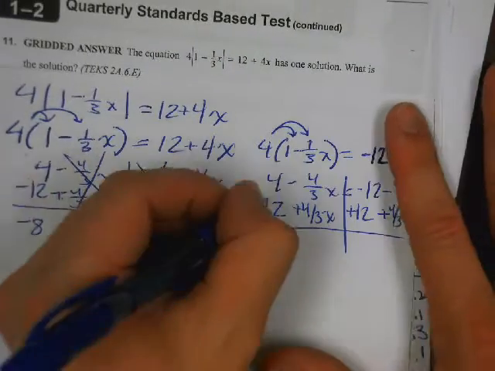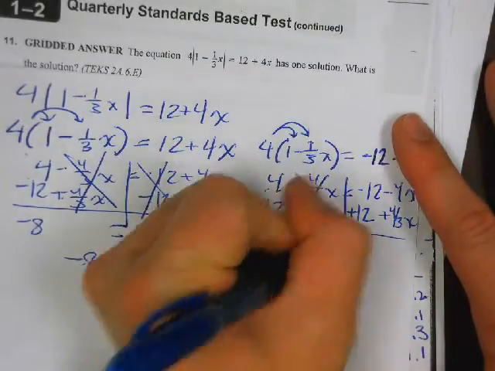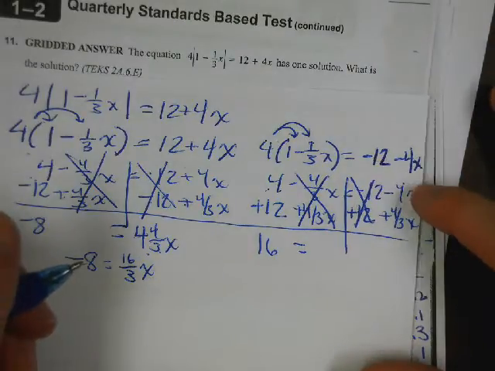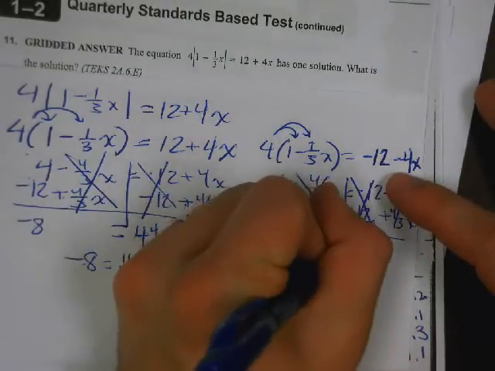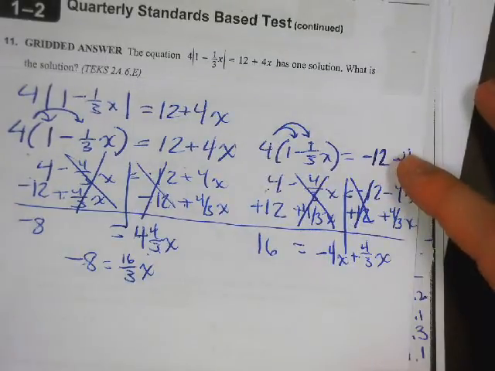12 plus 4 is 16 over 3x. On the other side, 4 plus 12 is 16. This will go away. This will also go away to 0. And I'm left with negative 4 plus 4/3 x.